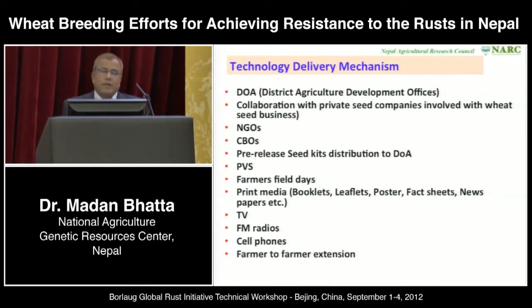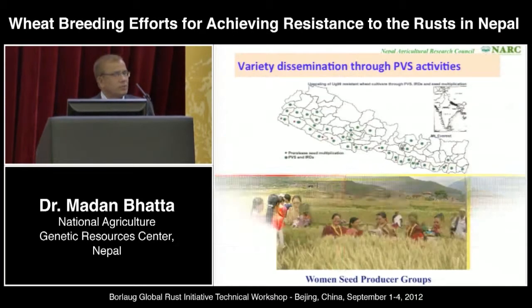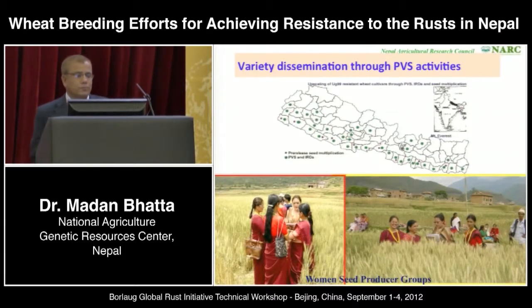This is how we deliver our improved varieties to extension offices. We have private seed companies, NGOs, and farmers groups. This is how we disseminated our stripe rust and Ug99 resistant varieties through participatory varietal selection into different districts of the country.